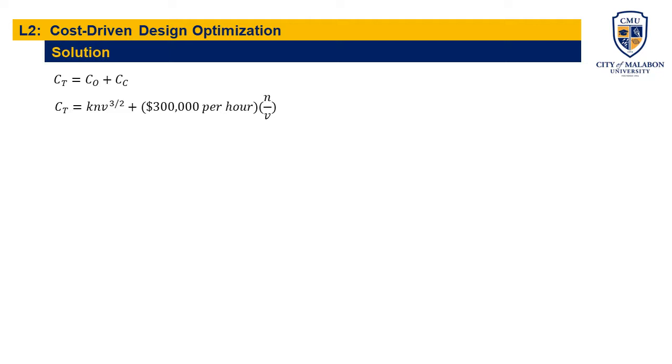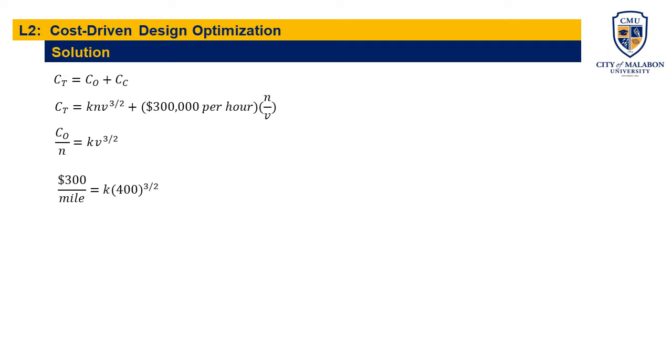Now, we solve for the value of K. We know that C sub O over N is equal to K V to the 3 halves. This is our given formula. So that will be $300 per mile is equal to K times 400 to the 3 halves.